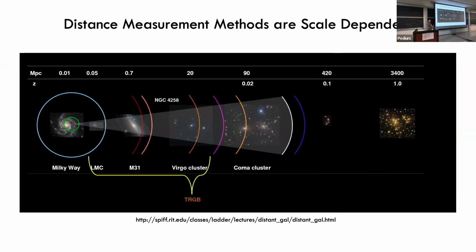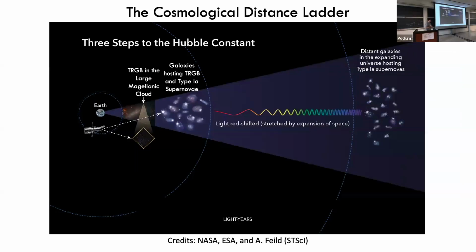As I said, I'll be focusing just on the TRGB today. As an example of how the TRGB has been applied and has been a major tool, we can look at the cosmological distance ladder. We start by calibrating the absolute brightness of the tip of the red giant branch using geometric methods in the Large Magellanic Cloud and the Megamaser NGC 4258.